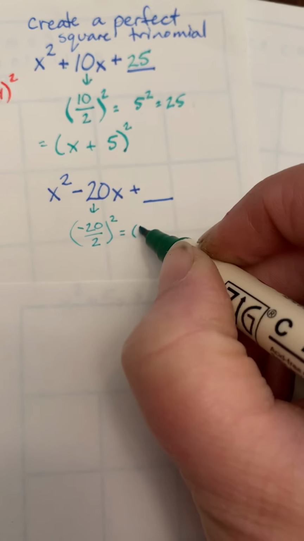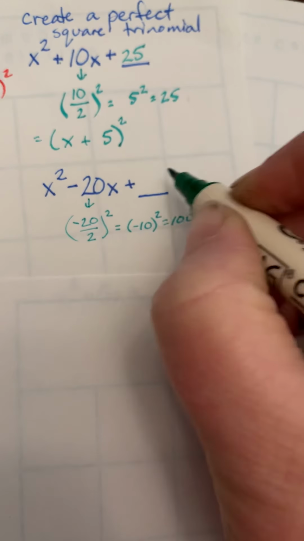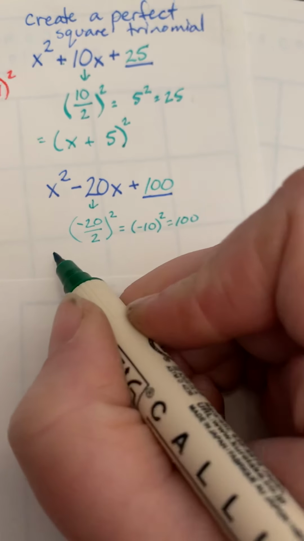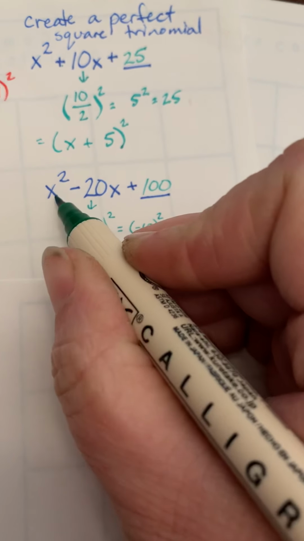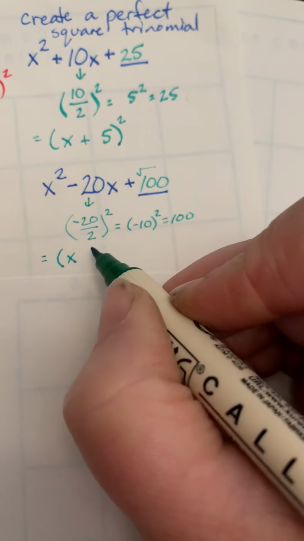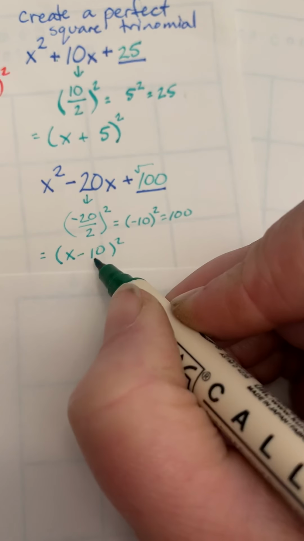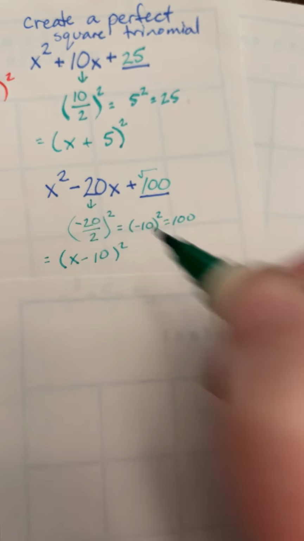Negative 20 divided by 2 is negative 10. Squared is 100. So this should be 100 to make it a perfect square trinomial. Let's double check. Square root of x squared is x. Square root of 100 is 10. First sign, squared. Negative 10 times x is negative 10x. Doubled is negative 20x.